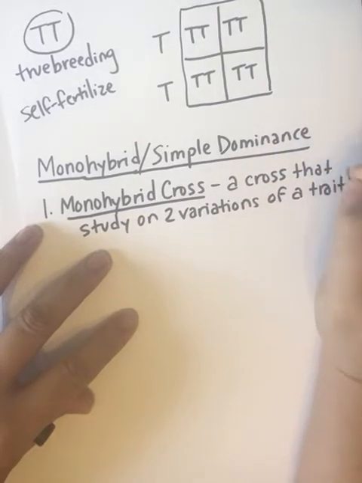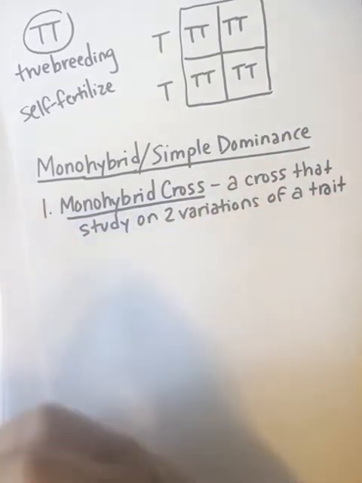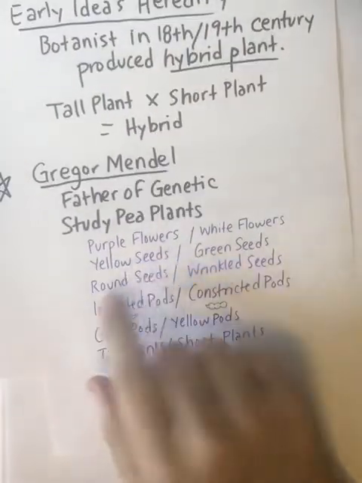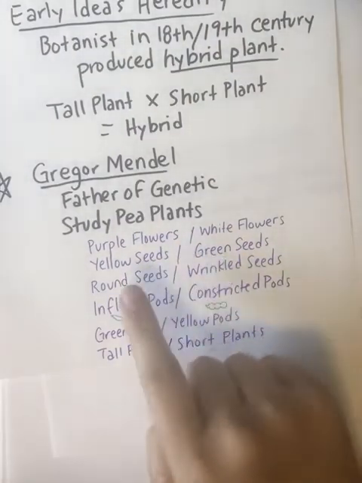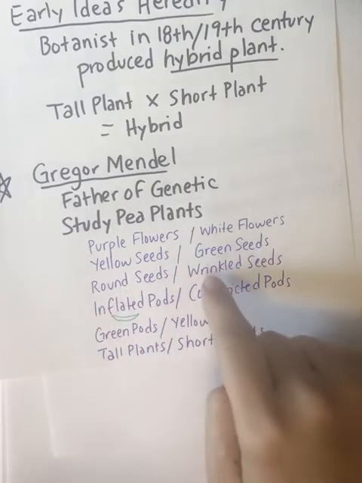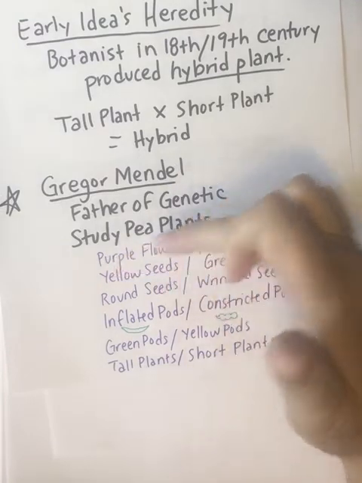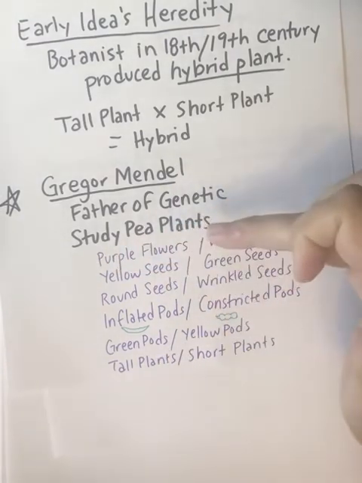of a trait. Now, what I mean by that is Gregor Mendel is only going to be looking at either how tall they are, or he only looked at their seed colors, or round seeds versus wrinkled seeds. He's only using one characteristic. So peas can either have purple flowers or white flowers.